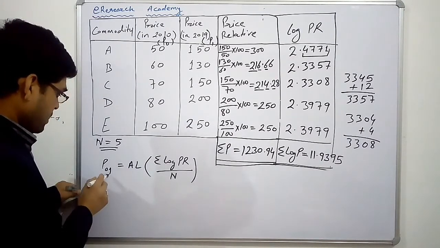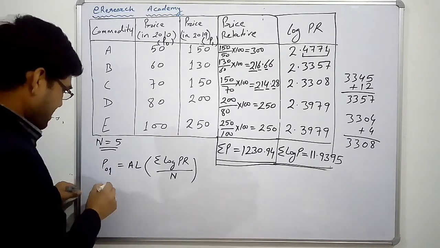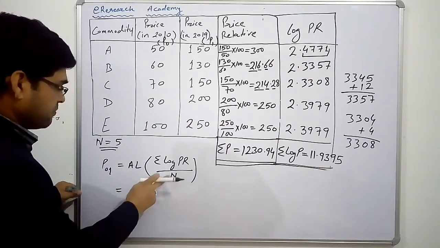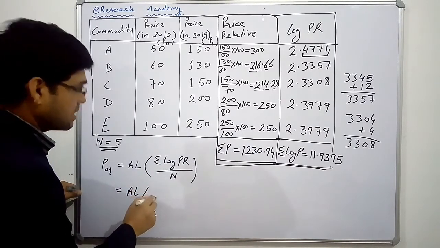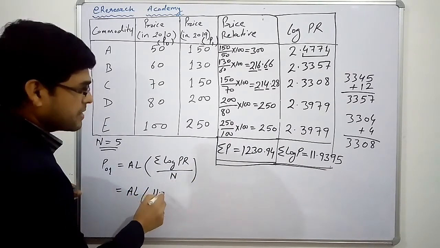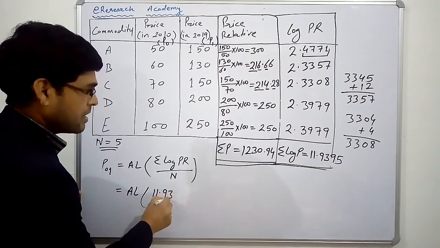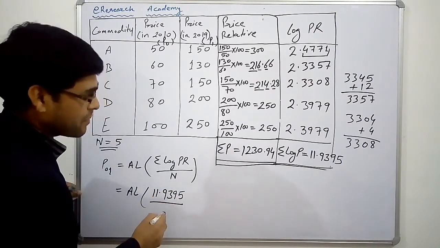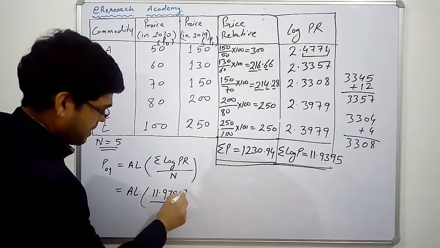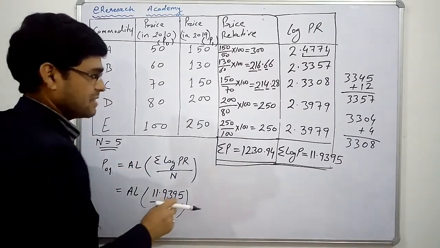Now put the value of this log PR here, that is antilog of 11.9395 by 5. We have 5 observations.